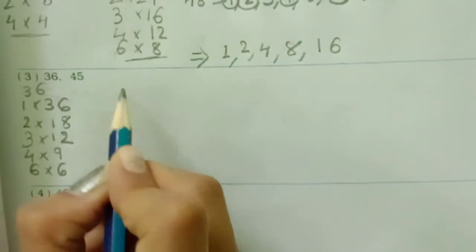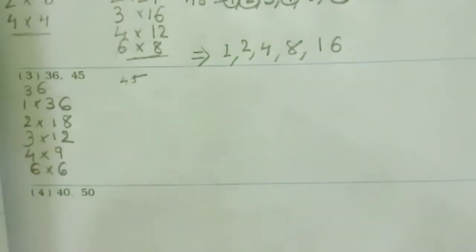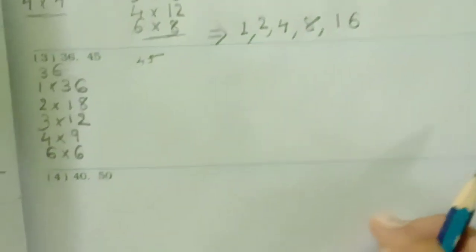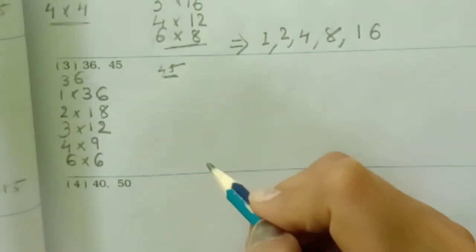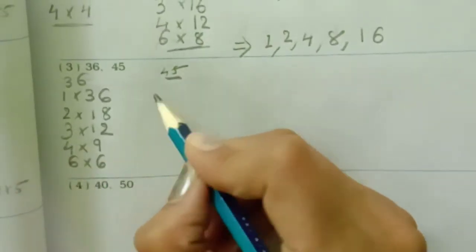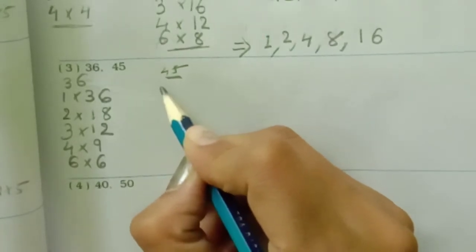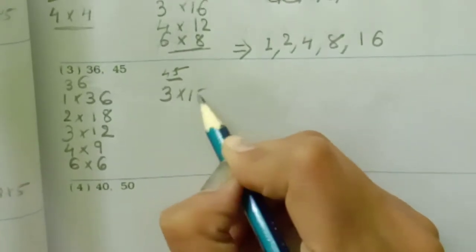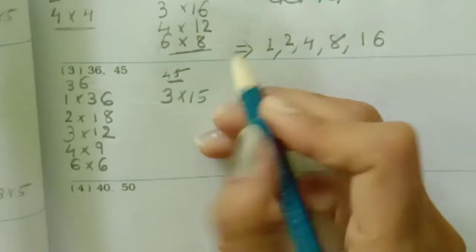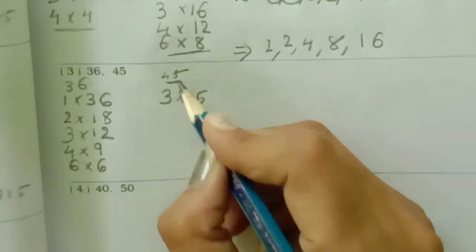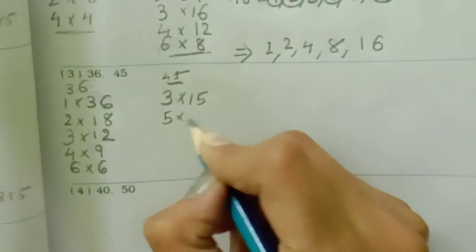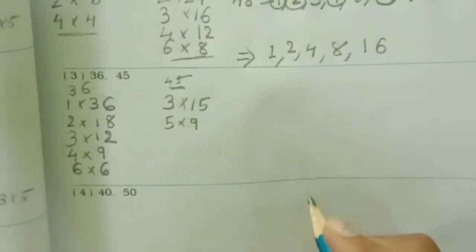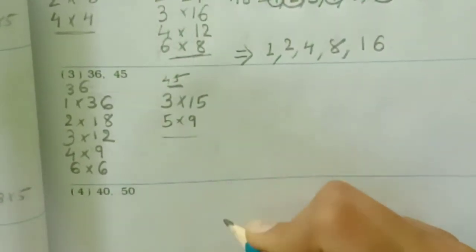We will write the factors of 45 here. So let's write. First, it is an odd number, so 2 is not possible, but 3 is possible. We know that 3 15s are 45, 15 3s are 45. Then 4 is not possible, but 5 is possible. 5 9s are 45. So these are the factors of 45.